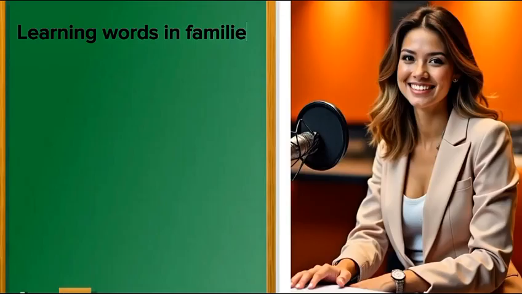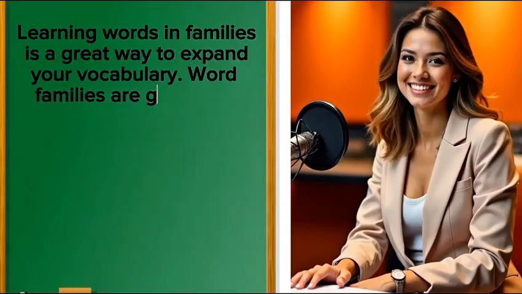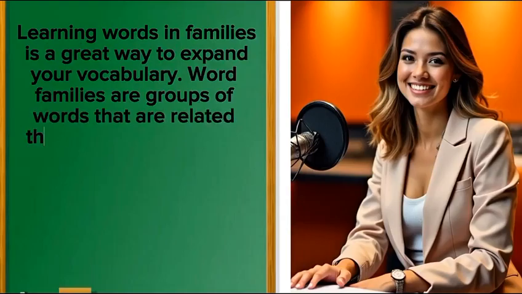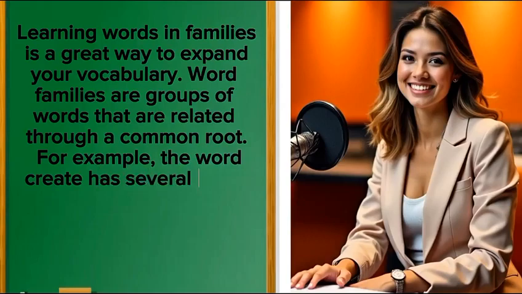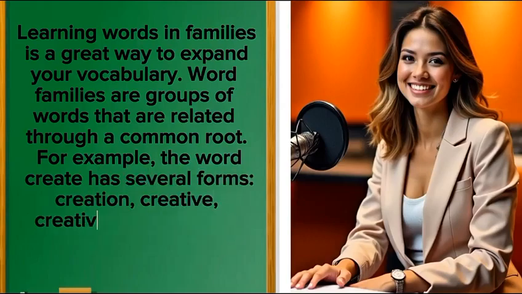Learning words in families is a great way to expand your vocabulary. Word families are groups of words that are related through a common root. For example, the word create has several forms: creation, creative, creativity, and creator.